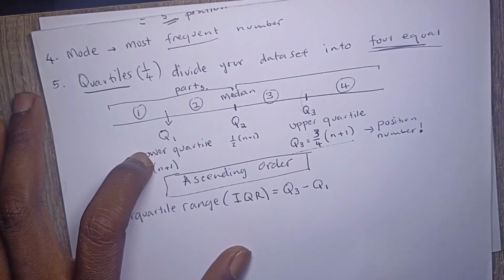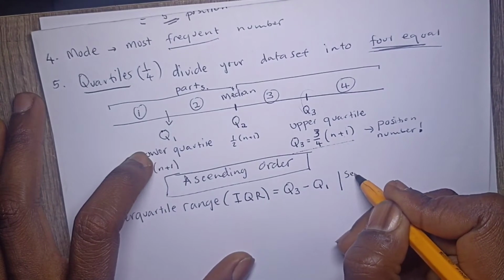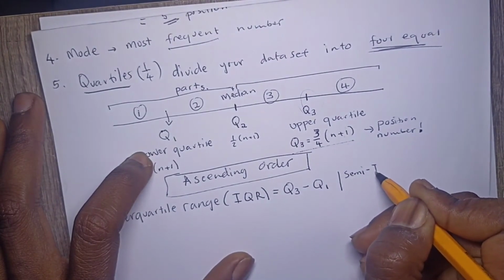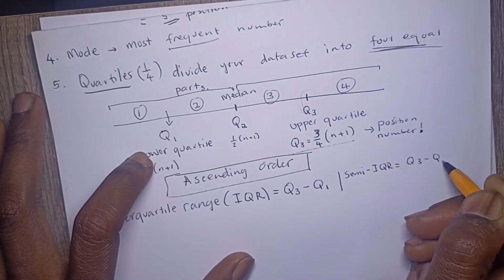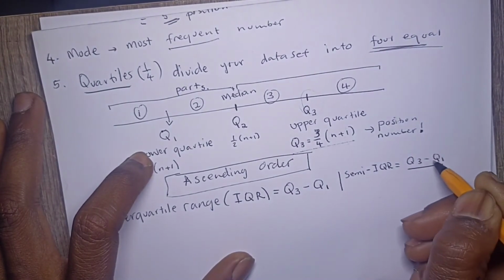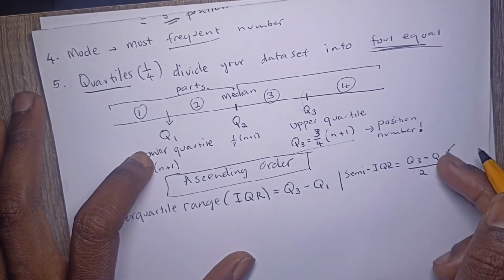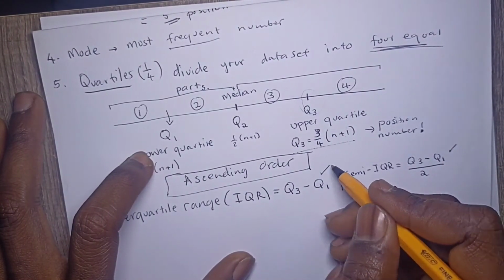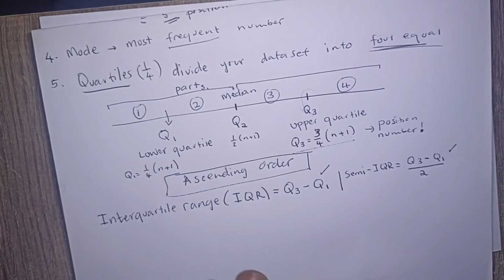You take the actual values and then you just subtract. The semi-interquartile range is also very basic. It's (Q3 minus Q1) over 2. So you subtract and divide by 2. Very basic, very easy, nothing hectic, nothing stressful there.